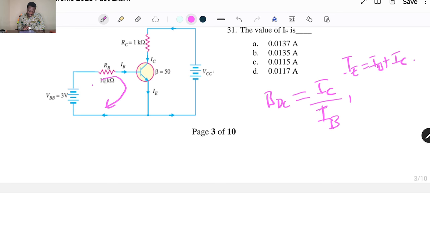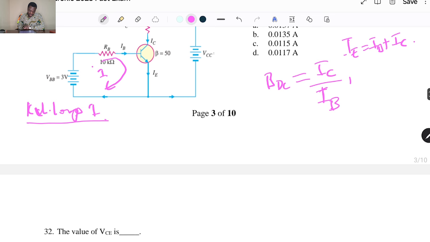Based on this, we apply Kirchhoff voltage law to this loop that we have. We only have loop 1. For loop 1, what do we get? This is the voltage VBB.